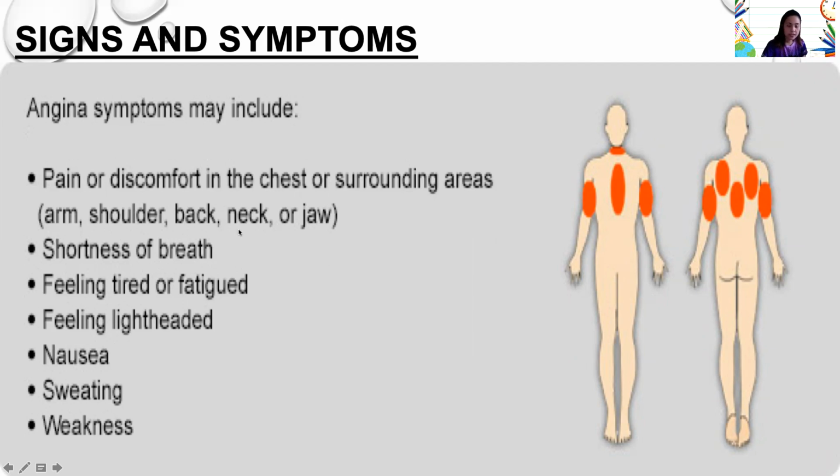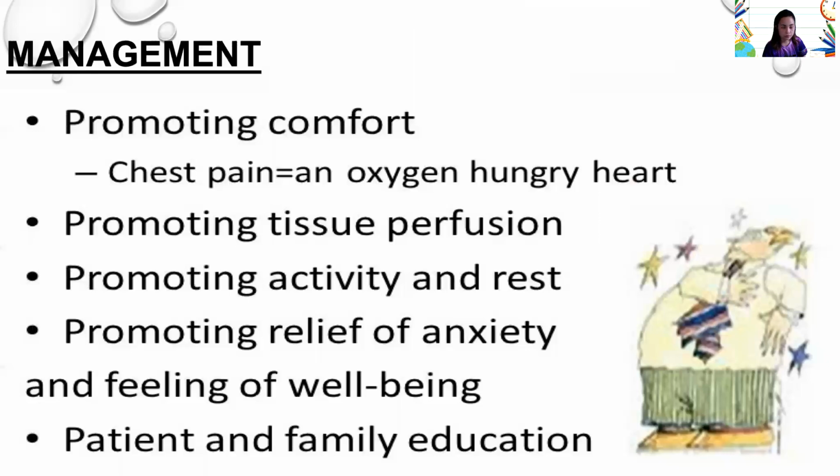Okay? So, yun yung mga site na nagkakaroon ka ng pain maliban sa chest. Shortness of breath, feeling tired or fatigue, feeling lightheaded, nausea, sweating, and weakness. Usually, ang sumasakit sa part ng kamay mo is yung sa left kasi doon part mas malapit ang puso.